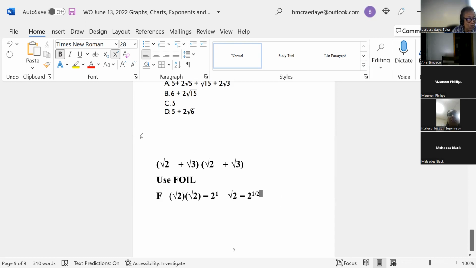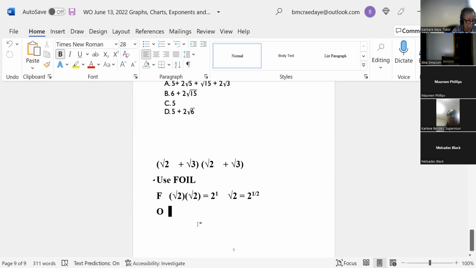Alva, what are the outer terms? Let's go back up here. What are the outer terms here? The first was square root of 2, and the other is the square root of 3. Outer: square root of 2 and square root of 3.